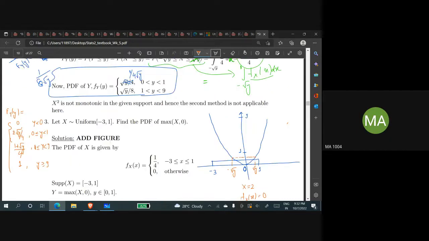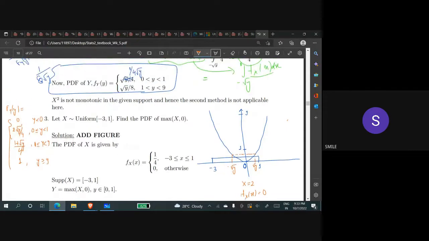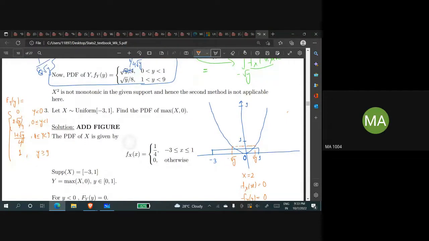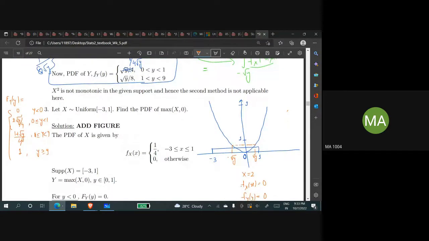Yeah, so if we take x equal to 2, then y becomes 4 now, and for 4 it is giving the value, right? So we got our fy to be 1 by 4 root y when y lies between 0 to 1. We are getting this to be 1 by 2 root y into basically 8 root y for y lying between 1 to 9, 0 otherwise.